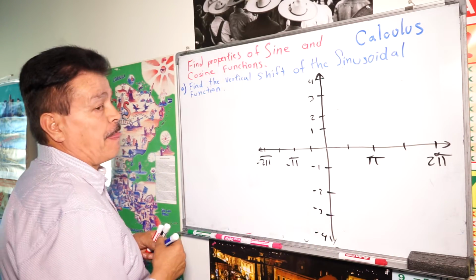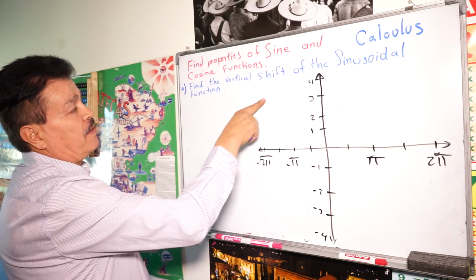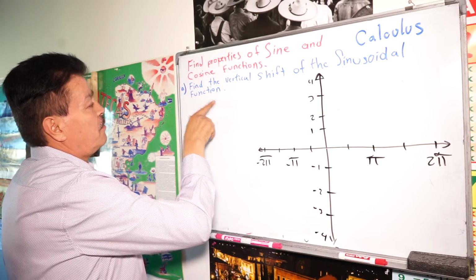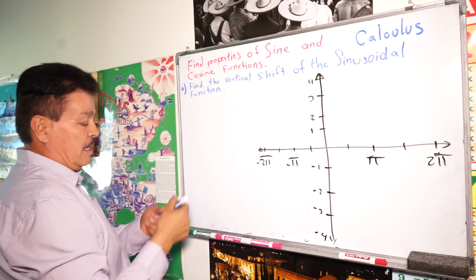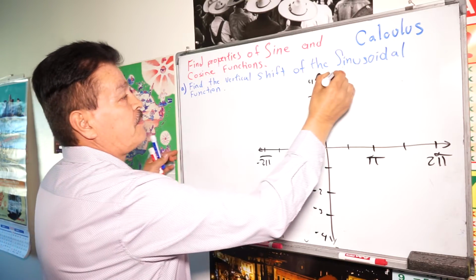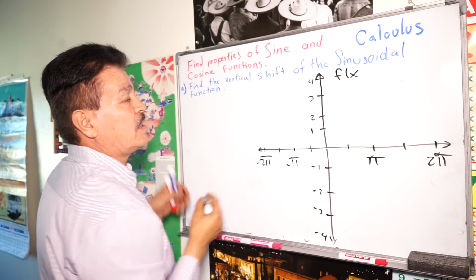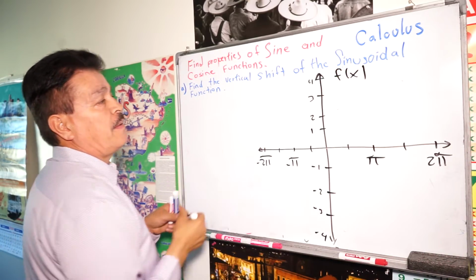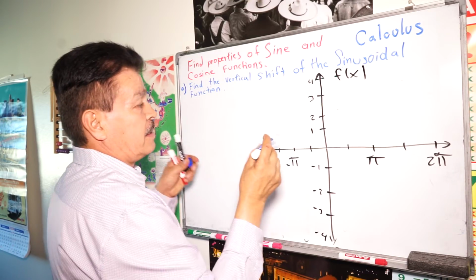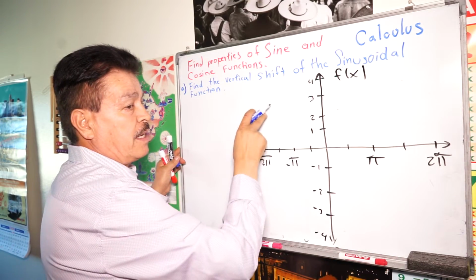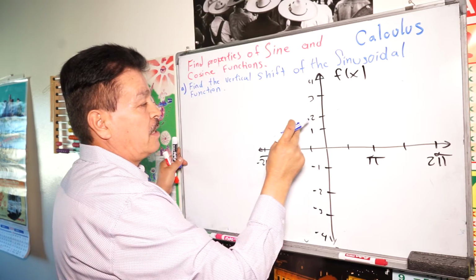This says, find the vertical shift of the sinusoidal function. This is our function, and then the graph is like this. This line cuts at number 1.